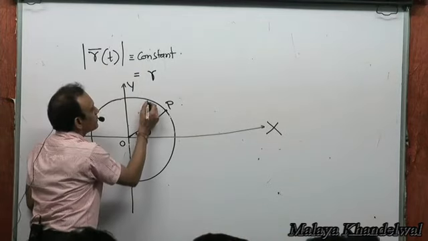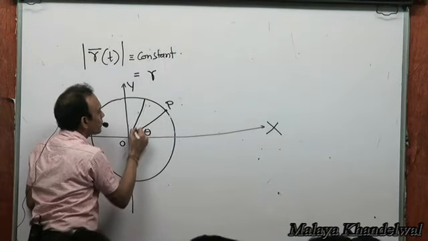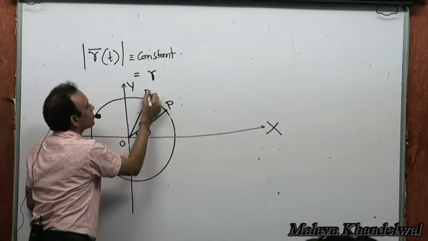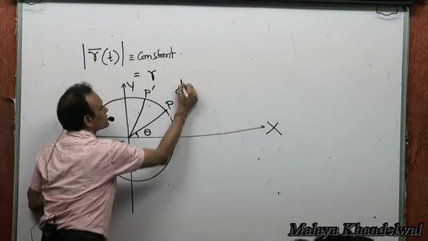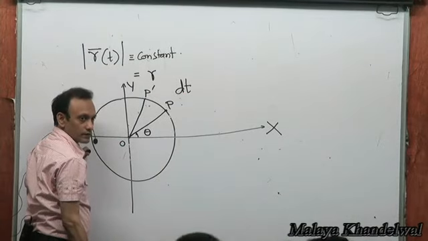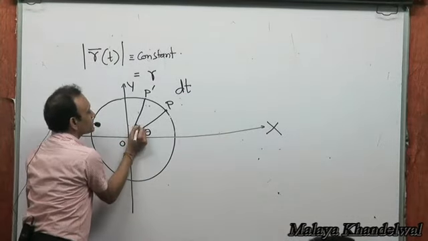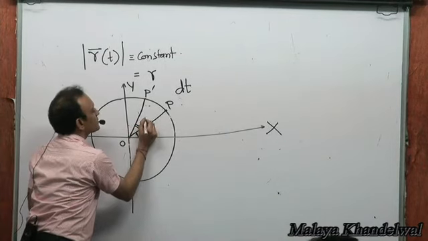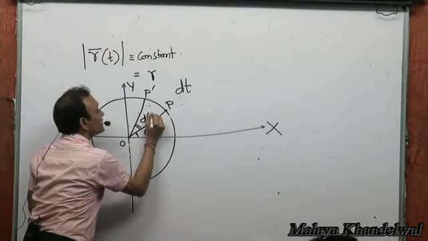And say the point P goes from P to P prime in a small time dt, right? Then it describes an angle d theta.